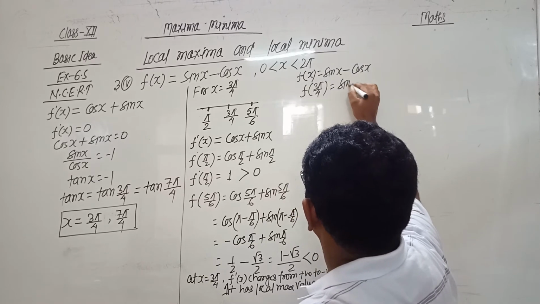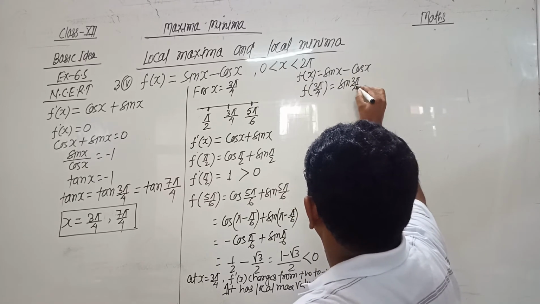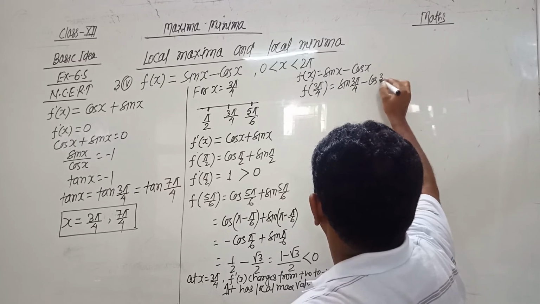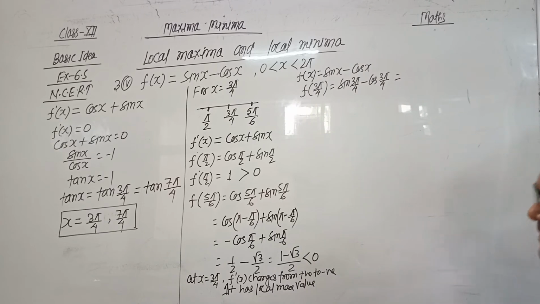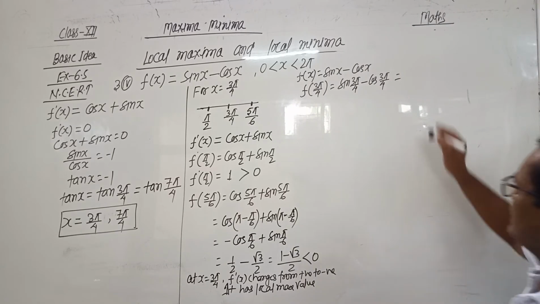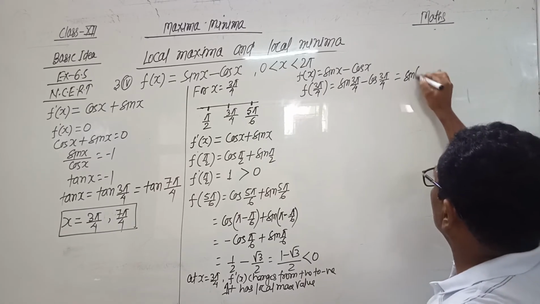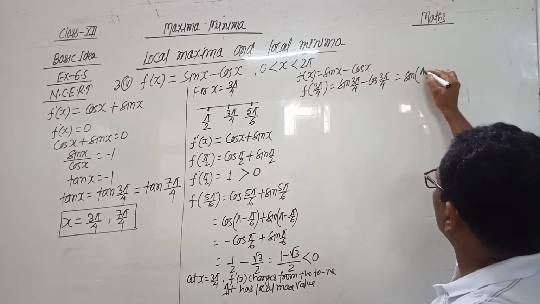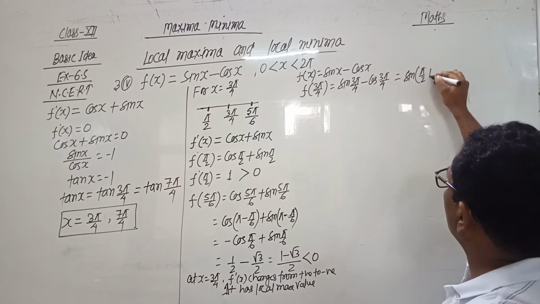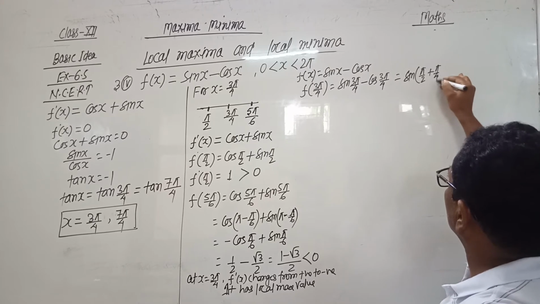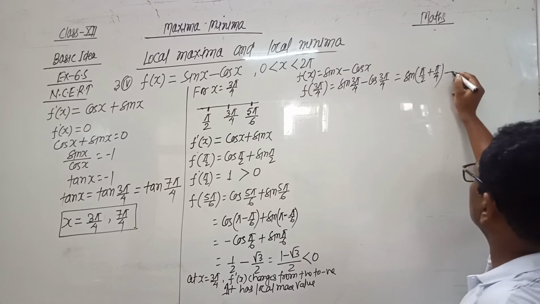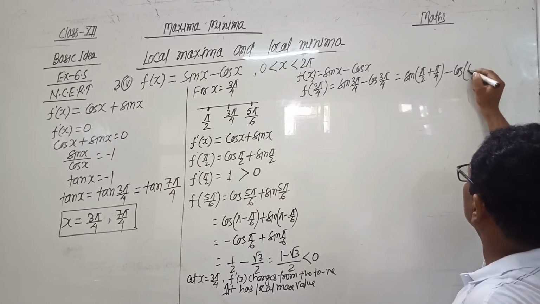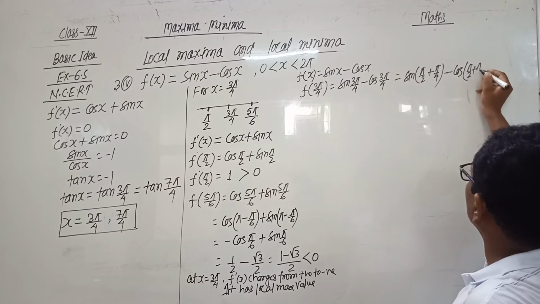So sin 3 pi by 4 minus cos 3 pi by 4, and sin 3 pi by 4 is written as sin of pi by 2 plus pi by 4, and this is written as cos pi by 2 plus pi by 4.